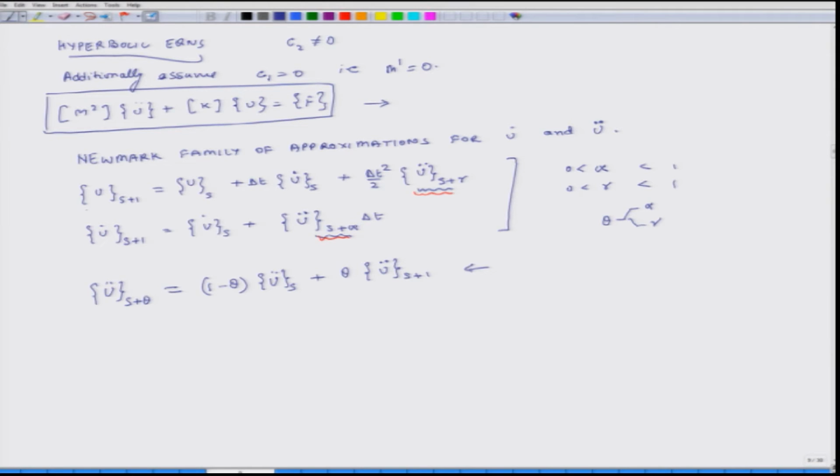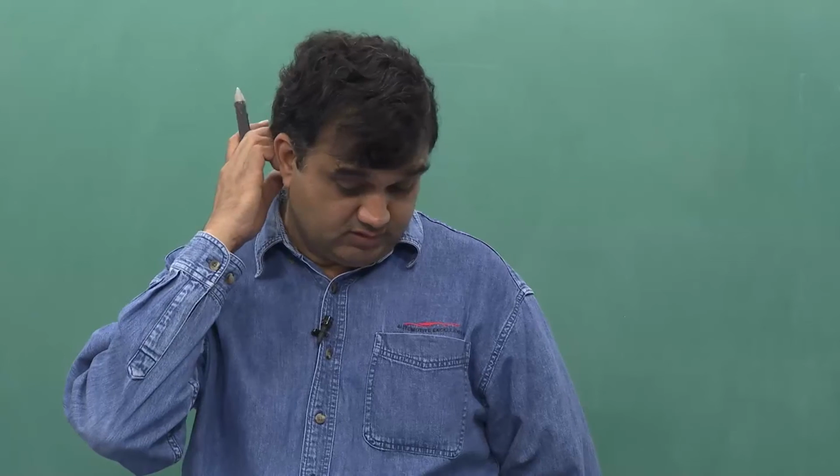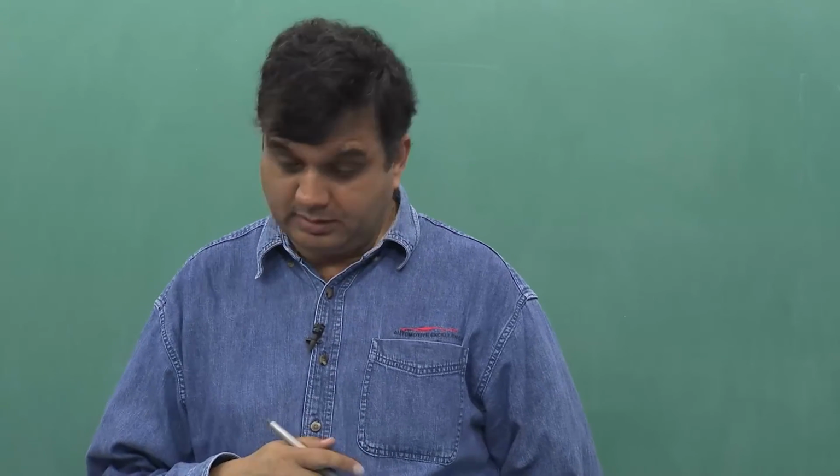So, use this to compute u at s plus gamma and u at s plus alpha. If s plus theta is equal to alpha, then I get u at s plus alpha. If theta equals gamma, then I get u at s plus gamma.